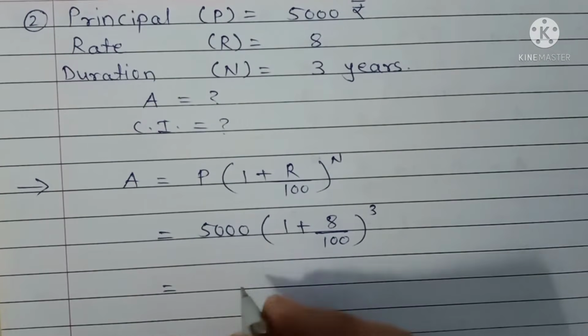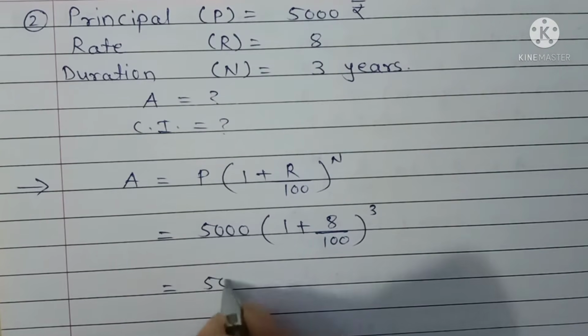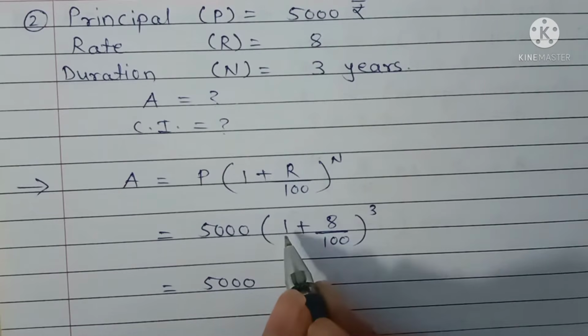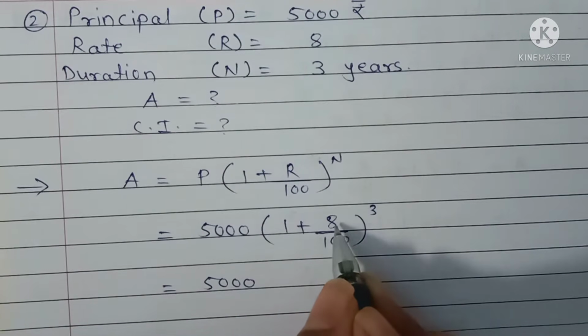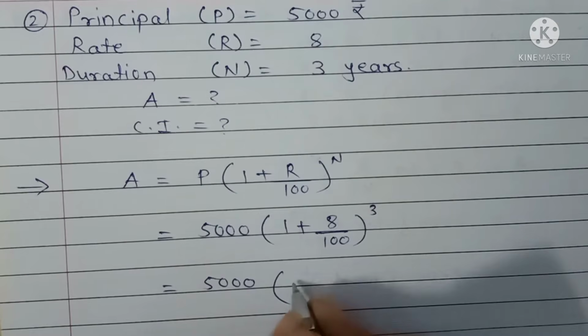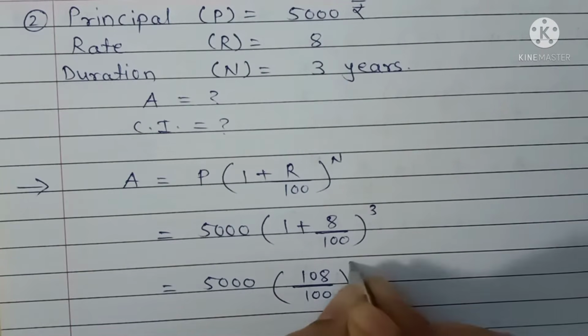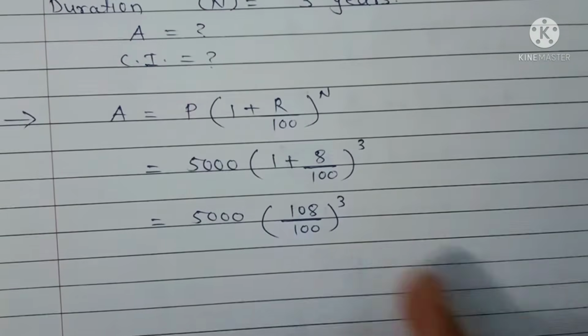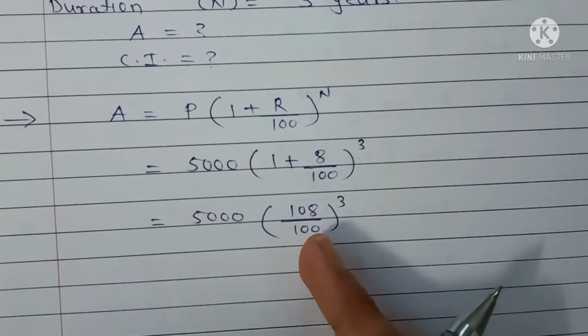Here 5000 as it is. 100 multiplied by 1 is 100, 100 plus 8 is 108, means into bracket 108 divided by 100 raised to 3, means 108 upon 100. This term is 3 times.